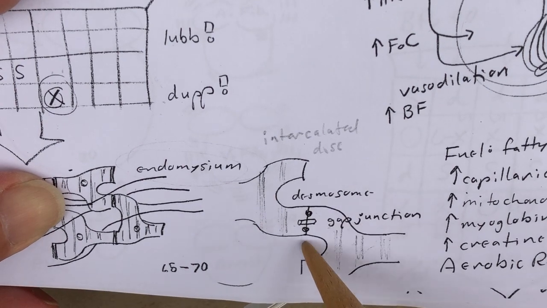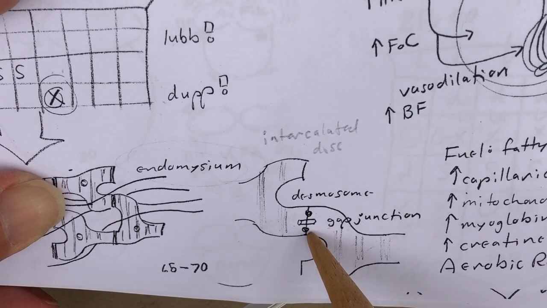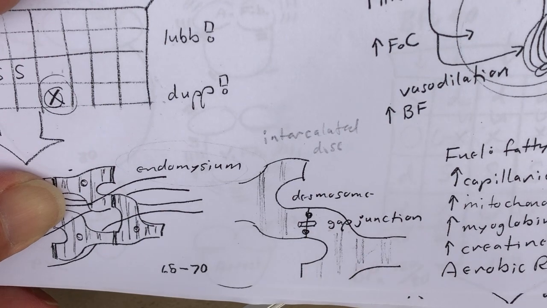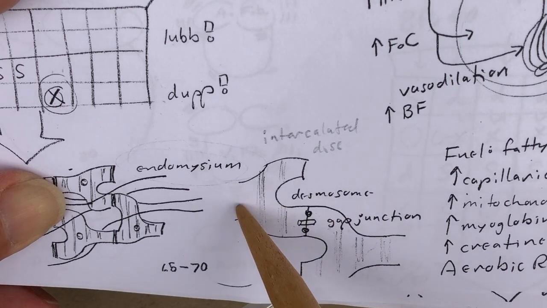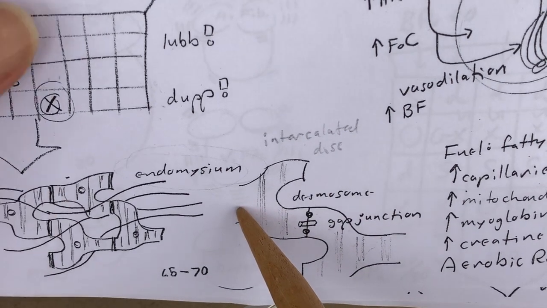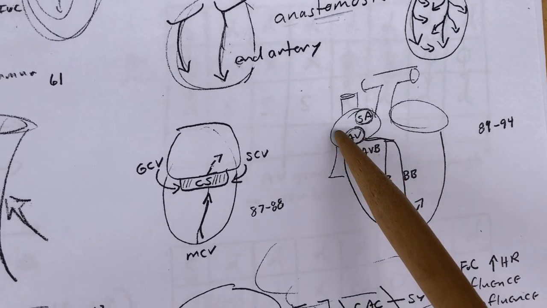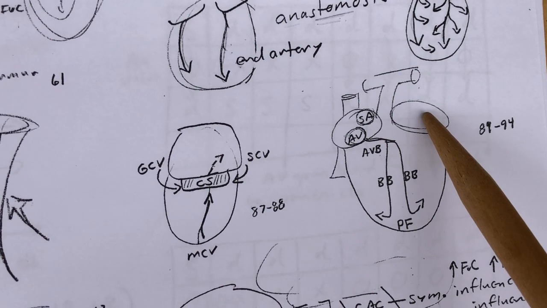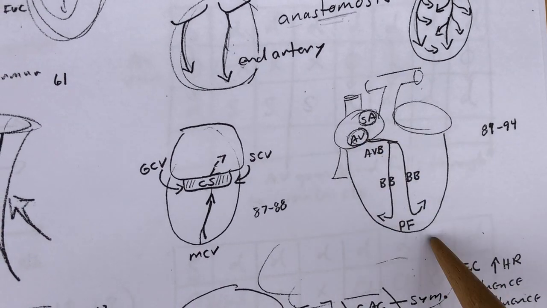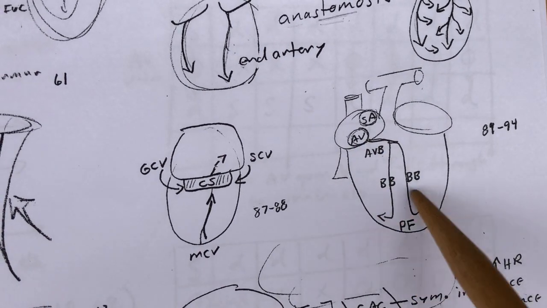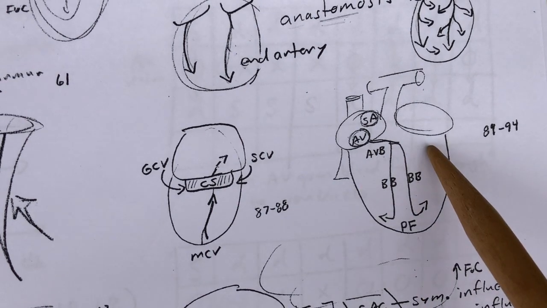And so the intercalated disc is almost like an electrical connection, like a plug socket right there. That way, pop the heart in one spot and that signal will then sweep across the heart. So pop a signal here at the SA node and it will sweep across the interconnected cells. Pick it up here, drop it down here, release it again. It'll sweep across those interconnected cells.